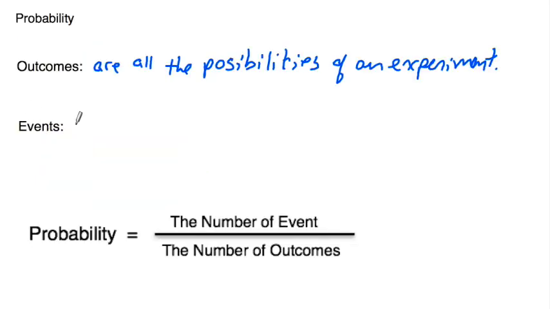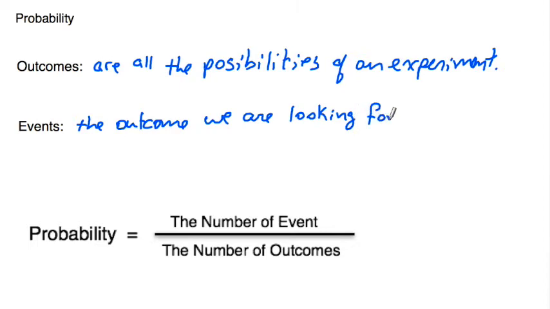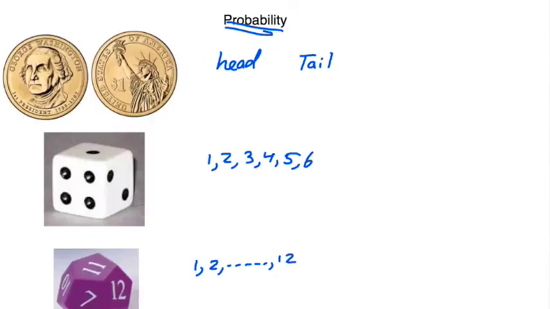The event is the outcome we are looking for. If you are flipping a coin to decide who's going to drive, what you're looking for is the head, so the other person drives, and what they're looking for is the tail, so that you drive.